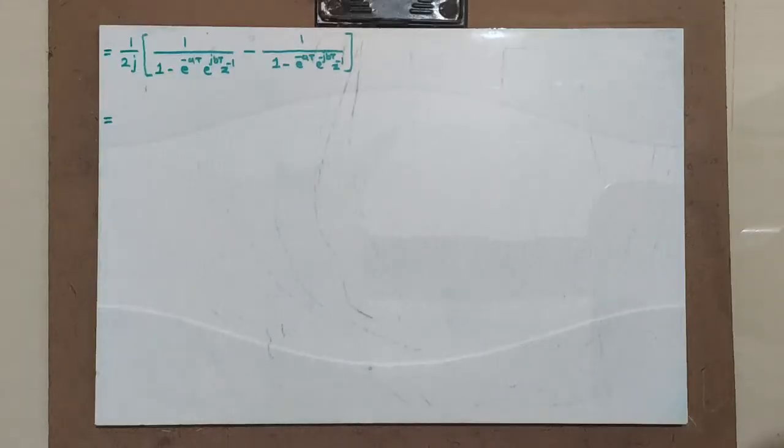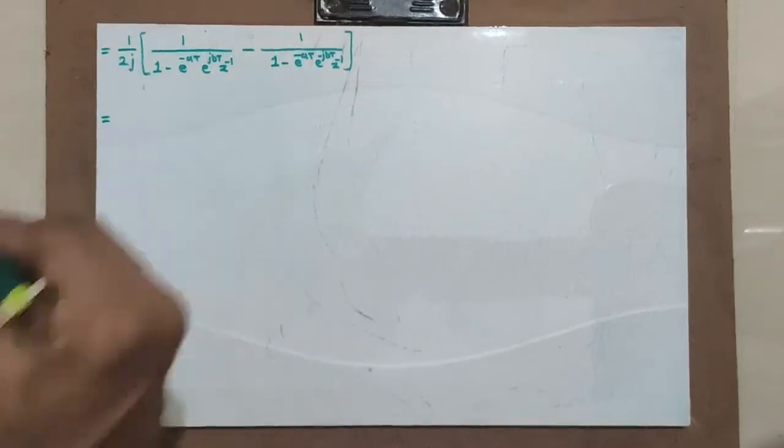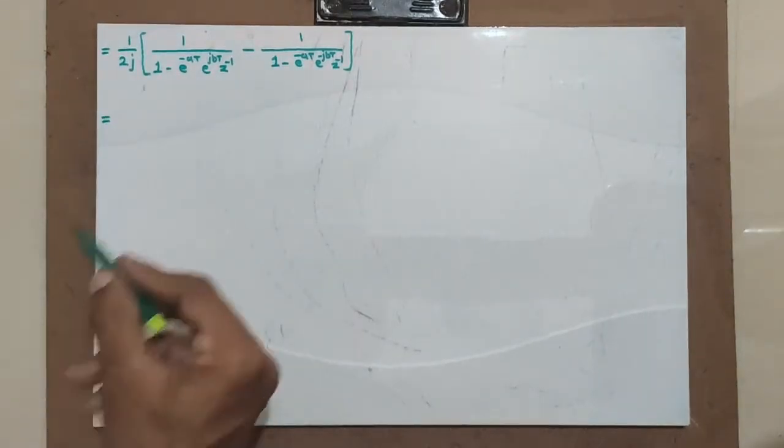Continuing from the previous board where I had left off, I have written the same equation here, 1 over 2j divided by this equation.